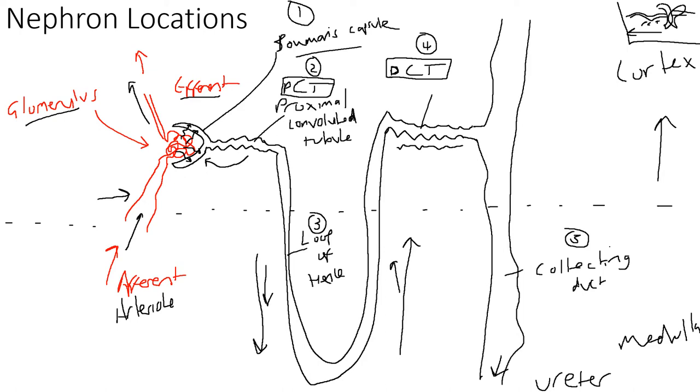The only other thing that I would ask you to know about is the glomerulus, so 6, and the fact that the afferent and efferent arterioles go into and out of that. All right, so there we've got a nephron. 7 things, maybe 8 things to remember if you include the ureter. And that's sort of the locations of the nephron.